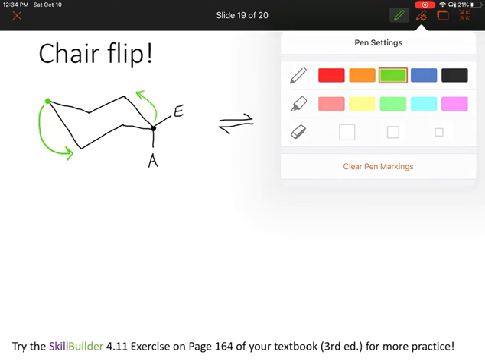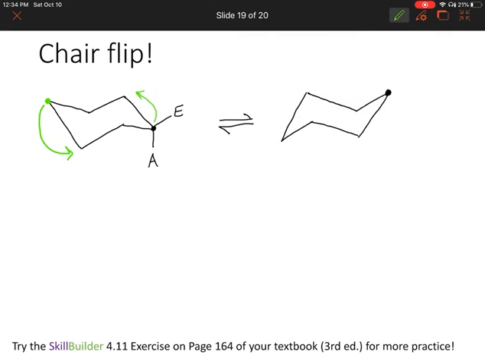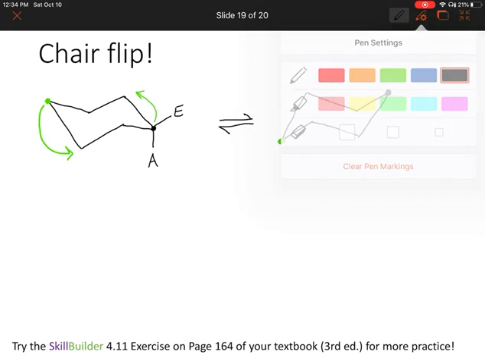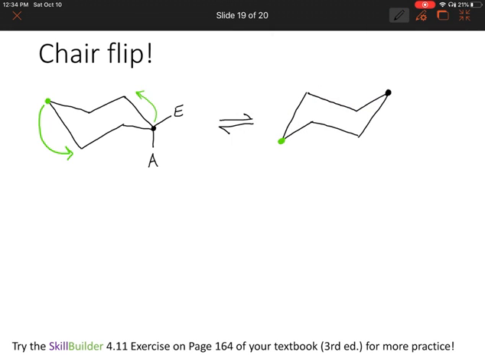And then our other carbon that we highlighted in green is in the front. Now what also happens is our equatorial substituent becomes axial. And then our axial substituent becomes equatorial.